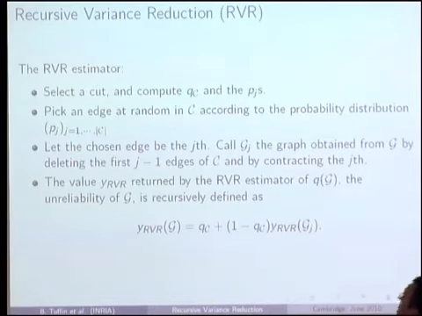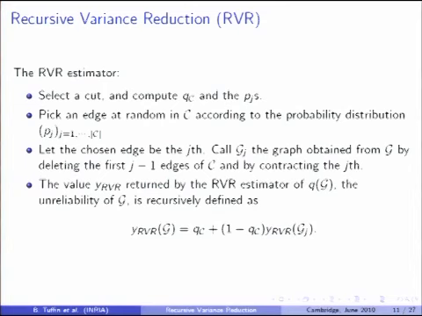And how the recursive variance reduction method works: we just select a cut set, as I said, and compute QC and the Pj's, and we choose randomly the first link that is working on the cut set C, and we do this according to the probability distribution Pj. As a consequence, we know that the j minus 1 first links have failed, so we can remove them from the graph. And for the jth one, we just contract it.